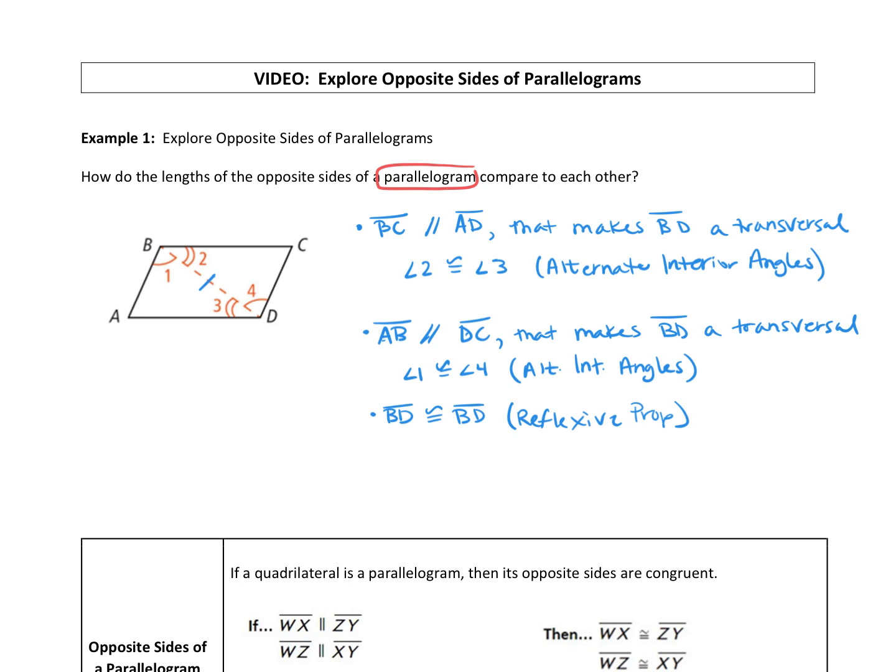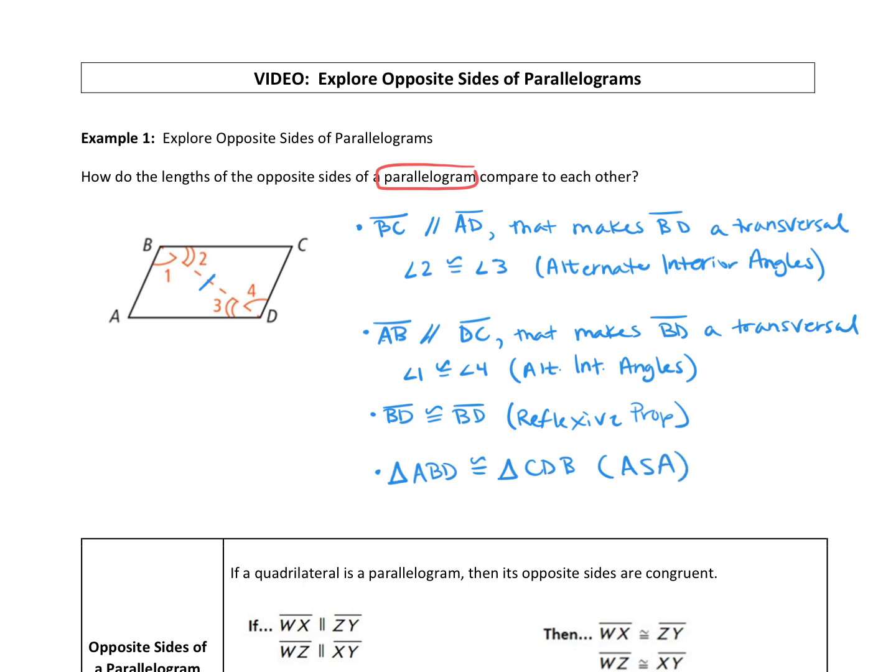So we have congruent triangles. This triangle right here is congruent to this triangle right here because we have two angles and the included side. That's your angle, side, angle. So I guess we're doing a little unofficial proof here. Triangle ABD is congruent to triangle CDB, and that was from angle, side, angle.